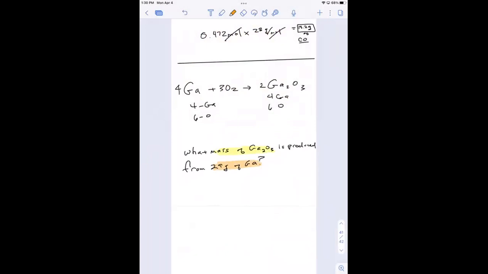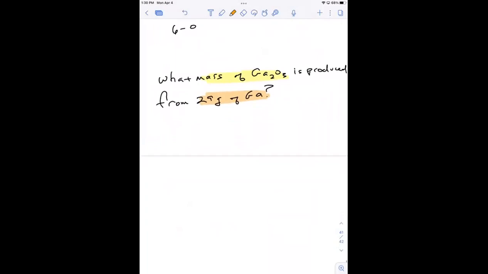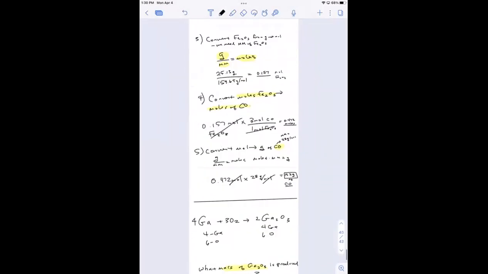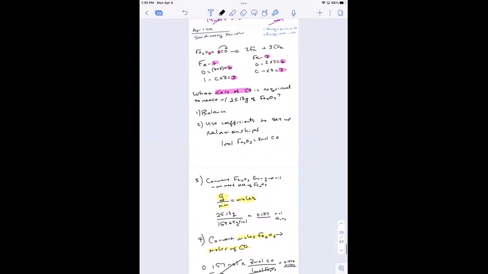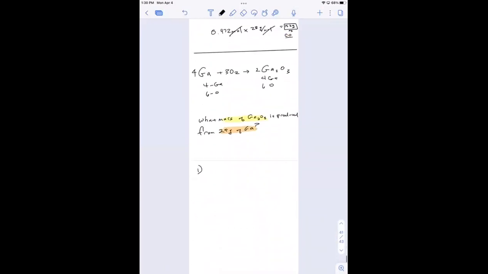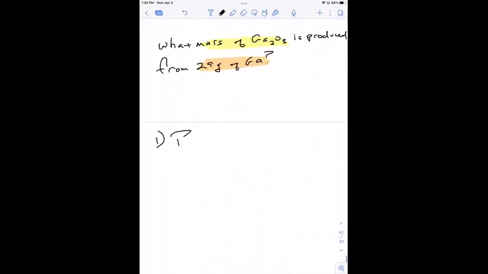Once we balance it, which we've done, second, find our relationships.